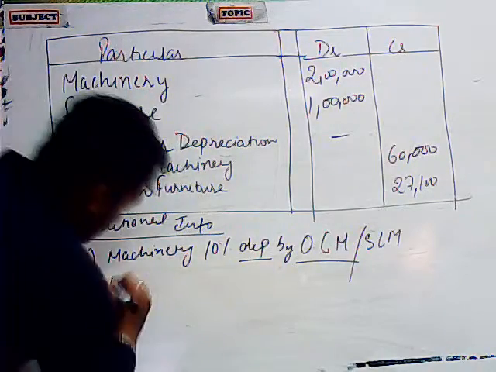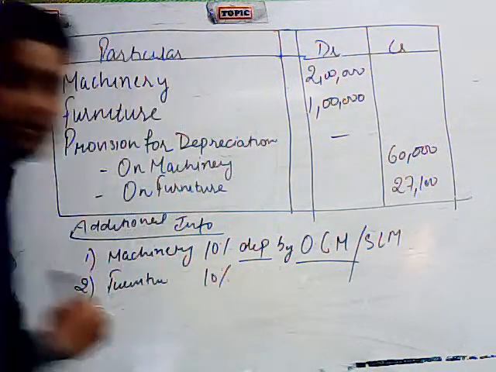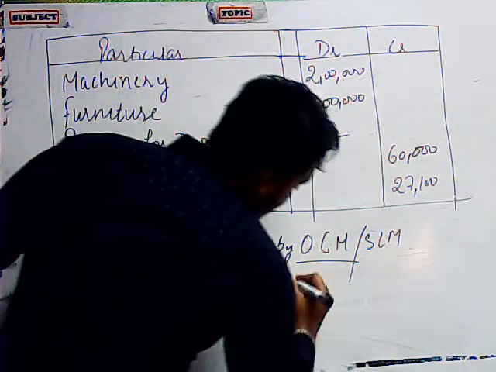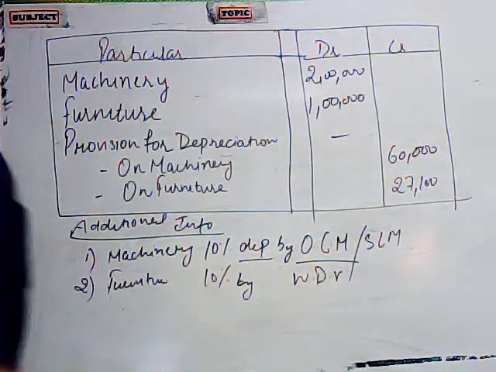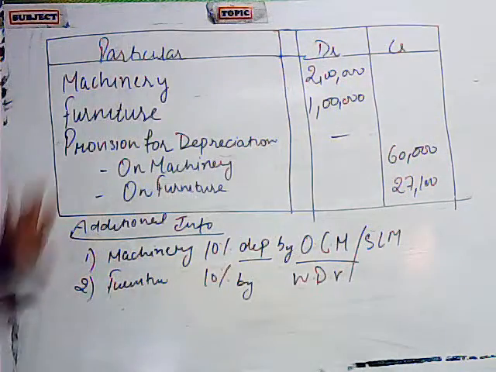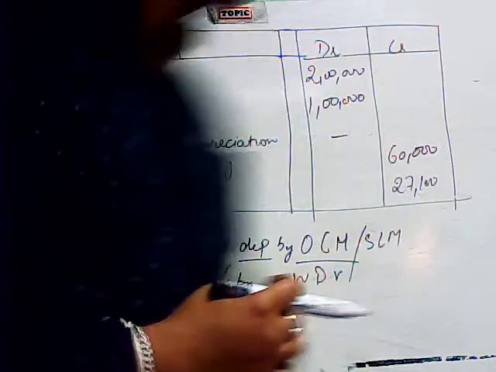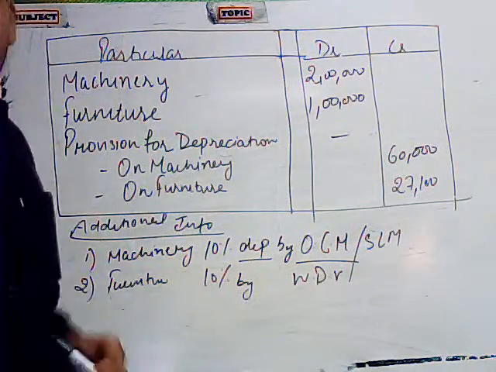Secondly, on furniture, we have to charge depreciation at a rate of 10% by diminishing method, by written down value method or diminishing method. Clear? So how we have to calculate the value of depreciation under the profit and loss account and the value of depreciation under the balance sheet, and how we have to store the value of these assets?